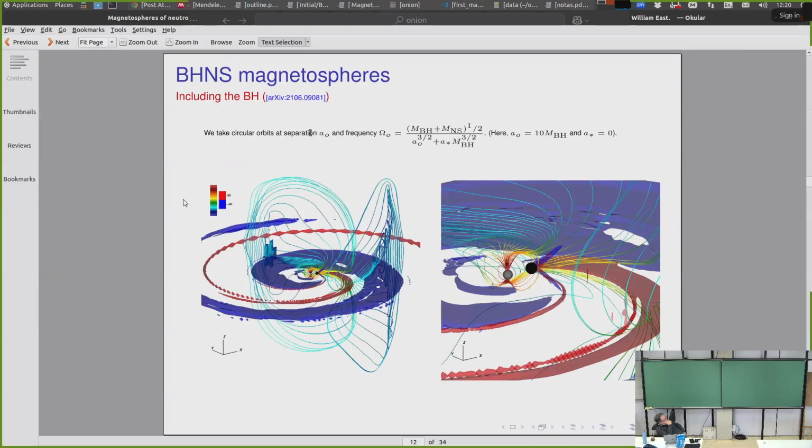For the binary system, since I mentioned the code is actually well suited for one single compact object, a central compact object, but since we have these boundary conditions for the neutron star developed, what we realized we could do is to include the space-time associated with the black hole through the metric in the domain, and keep the neutron star in the center. So we can impose the boundary conditions we know how to do for the perfectly conducting surface.